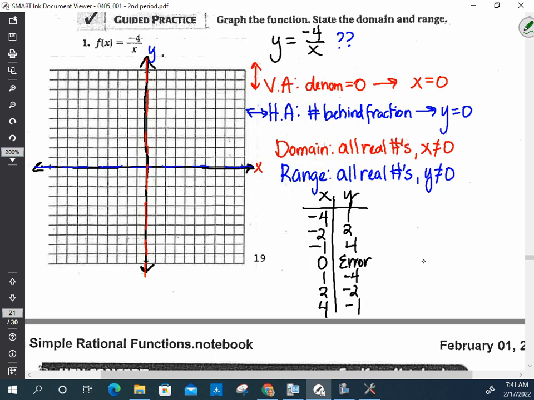So then we plot our points. So -4, 1, -2, 2, -1, 1, 2, 3, 4.